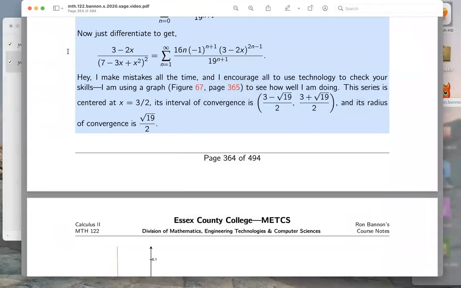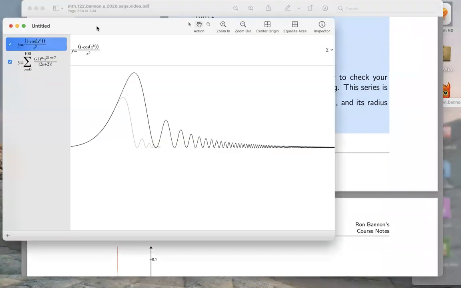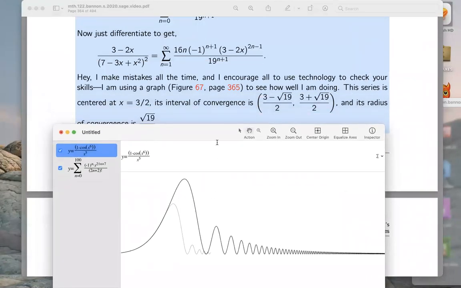And I'm going to use my application grapher now. I got another application there. So let's just, I don't know. I'm going to type in a function here. And what's the function going to be? Y equals, what is it? 3 minus 2x, divide by 7 minus 3x plus x squared.